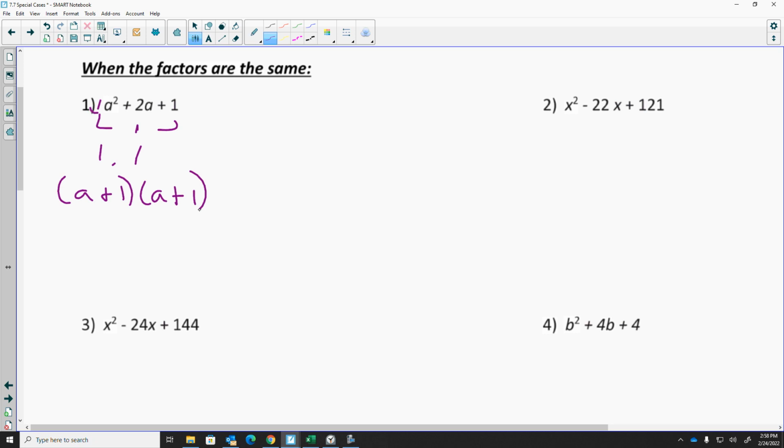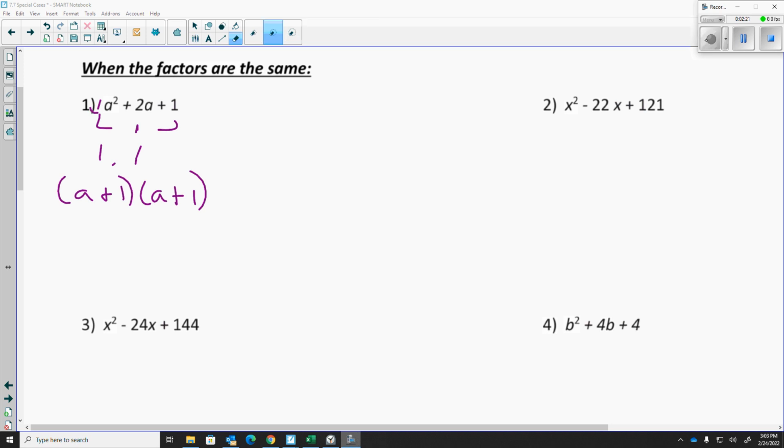That's fine. Doesn't mean that you're wrong. Doesn't mean you messed something up. That can happen sometimes. Make a little bit of sense? Why don't you try one of these other ones? 2, 3, or 4. The factors should be the same, and that's okay. Don't let it freak you out.